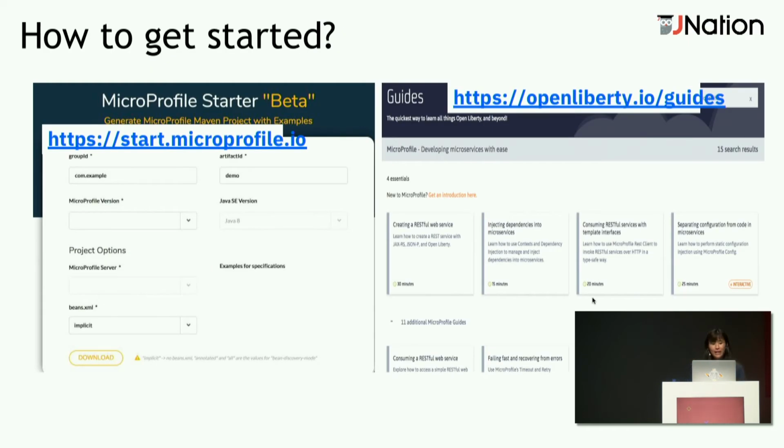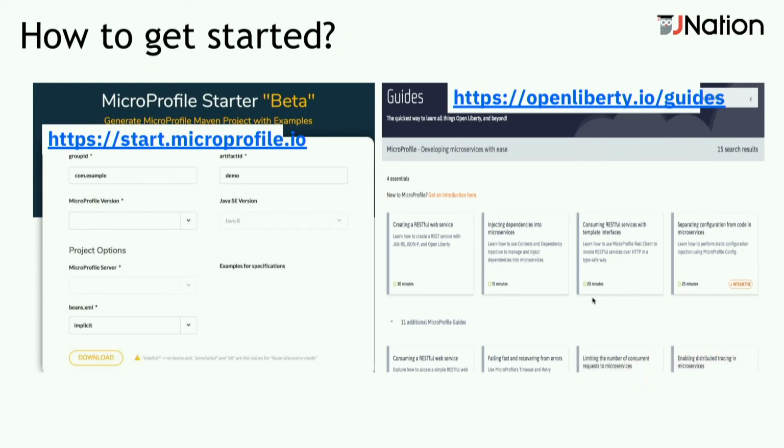Okay, so next one. I mentioned quite a bit, so how can I get started? How can I build microservices, for example? The first thing is we have the MicroProfile Starter. Basically, it creates a microservice. So let me quickly go through.